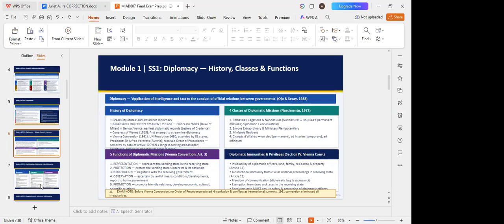Number 2 is the envoy we send to countries, in terms of negotiation, because one of the roles of diplomacy is negotiation. So the envoy we send there. Number 3 is the minister residence.